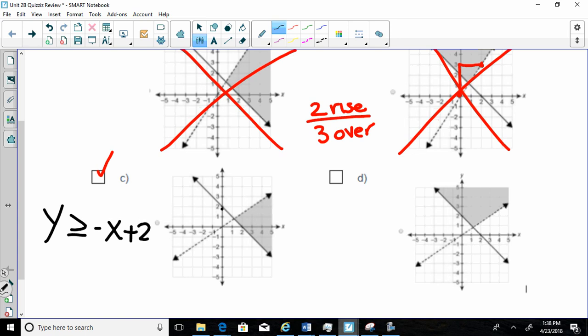We started at 2, and then went down 1 over 1, and we shade above this line right here. Any of the points in the shaded region are your solutions. Remember, you can always take a point in here, like 5, 0, plug it into both equations and make sure it makes sense. That's just a way you can check your work. Does that make sense? Cool.